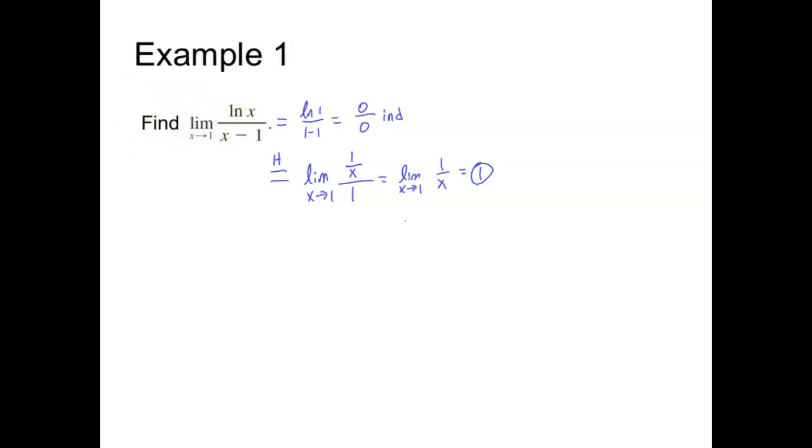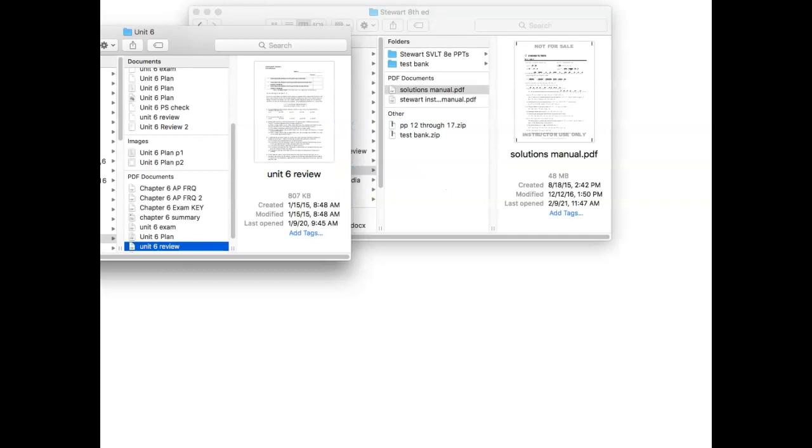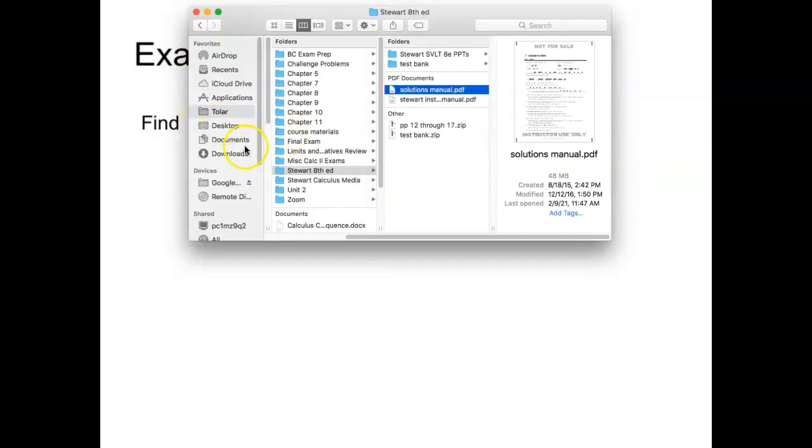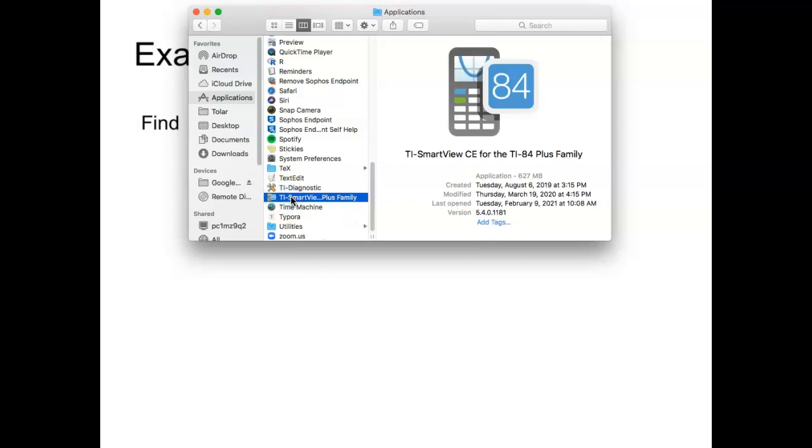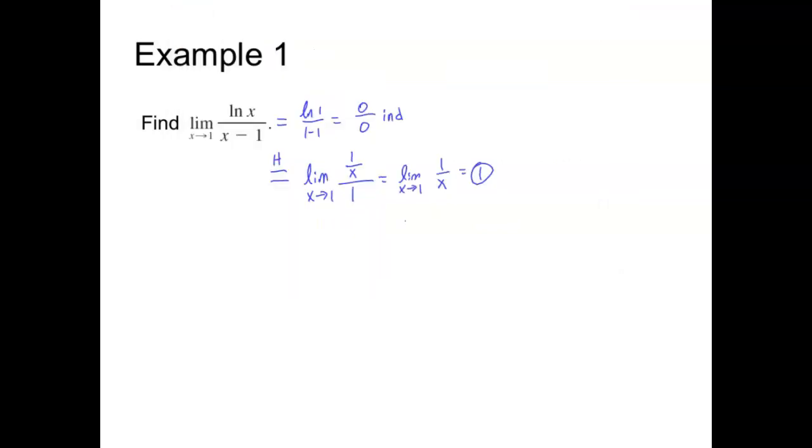Right, so in the past, if I asked you guys to evaluate something like this, your only recourse, because you can't simplify it algebraically, would have been to go to your calculator. And I'll just remind you what that would have looked like. It takes my calculator a while to open.